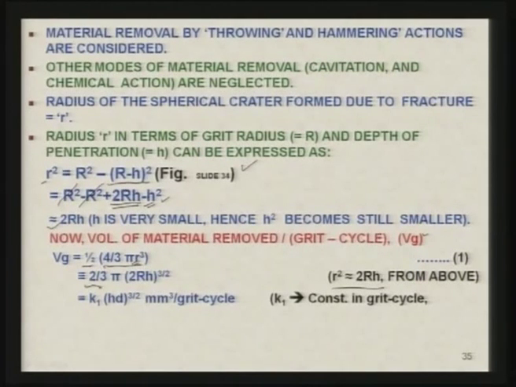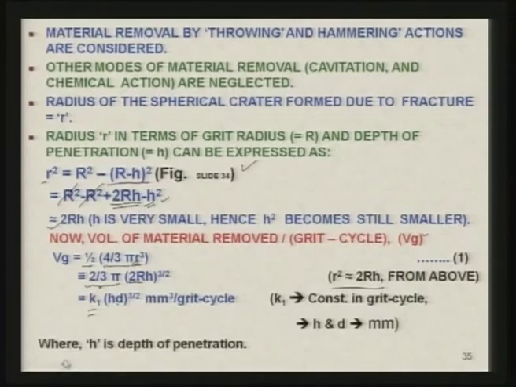So, this term, including this 2, you can make a constant k 1, and then 2 R becomes small d, and this becomes h into d, whole raised to power 3 by 2. So, this becomes V g equal to k 1 (h d) raised to power 3 by 2 cubic millimeter per grit per cycle, and k 1 is a constant. h and d are to be given in millimeter, where h is the depth of penetration as I have shown over there.